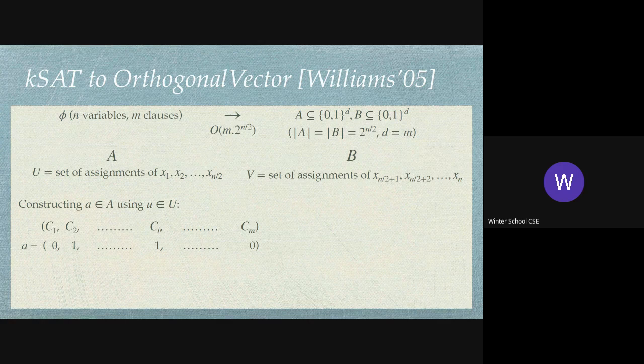For every Ci-th clause, you will put either 0 or 1. How do you put it? Any guesses? If it is satisfying, then 1? Suppose this U is satisfying Ci. What should I put, 1 or 0?